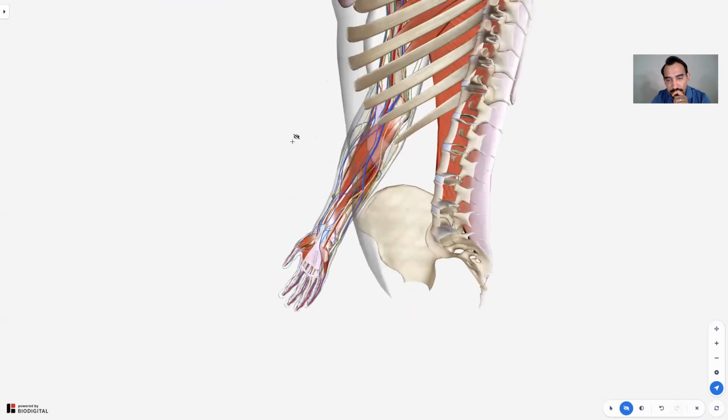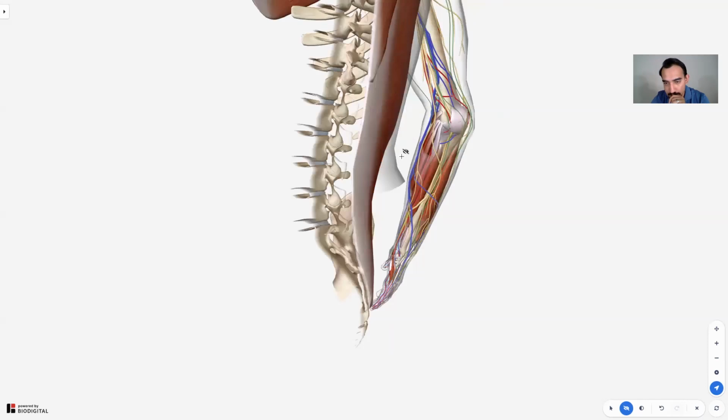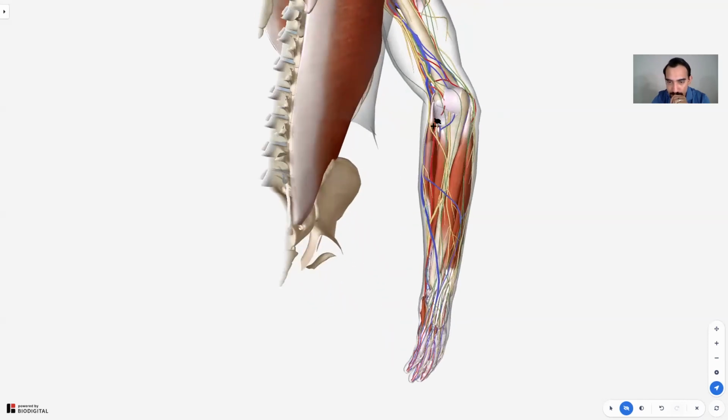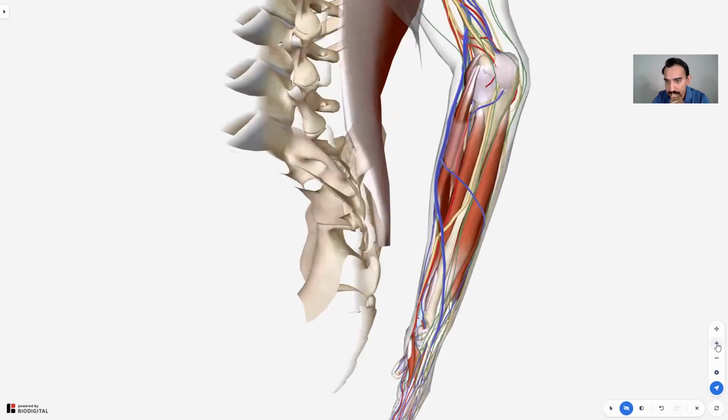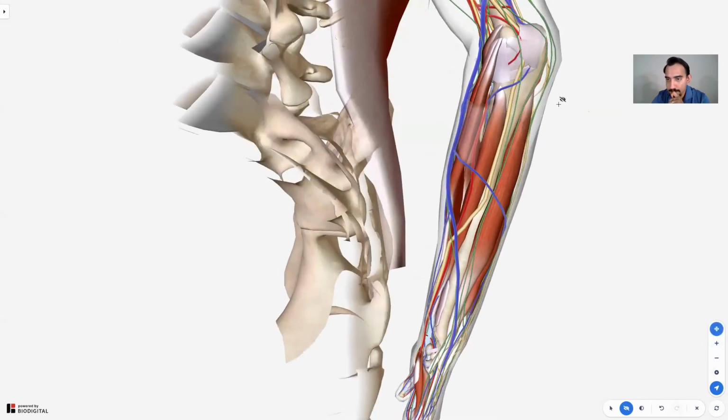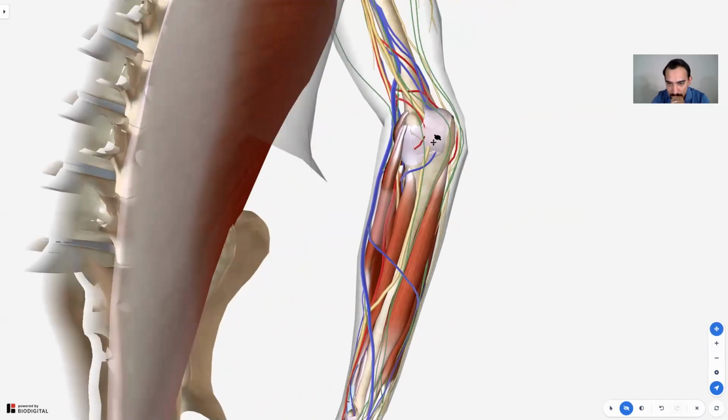Let's talk about ligaments. Let's see if we have the ligaments here. Yes, we have it. All right. So what ligament is this one? This is on the ulnar side. On the ulnar side, you have ulnar collateral, and on the radial side, you have radial collateral ligament.